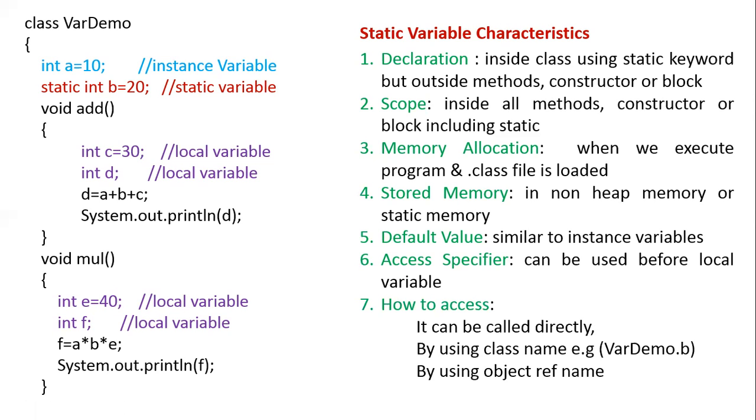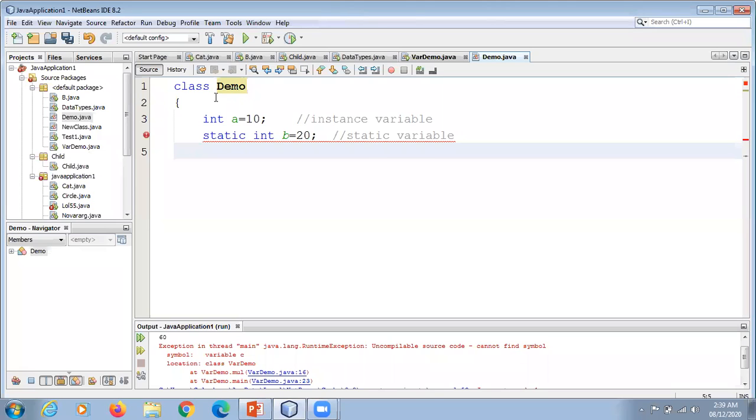Now let me show you one more program to better understand the difference between a static variable and an instance variable. So here I have taken a class Demo, one instance variable a equal to 10, and a static variable b which is initialized to 20. Then we will write the main method, public static void main String.